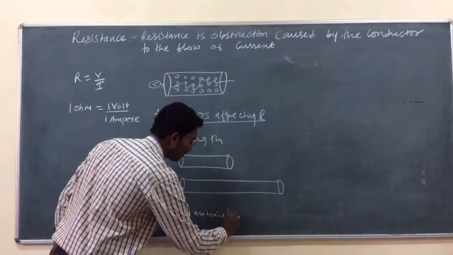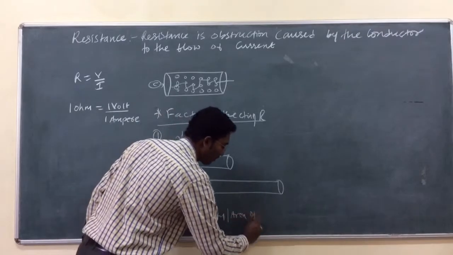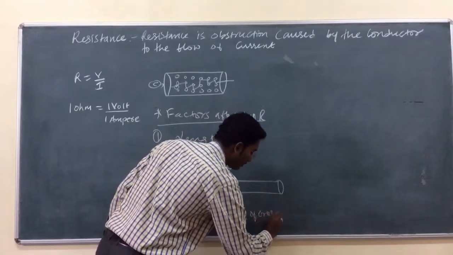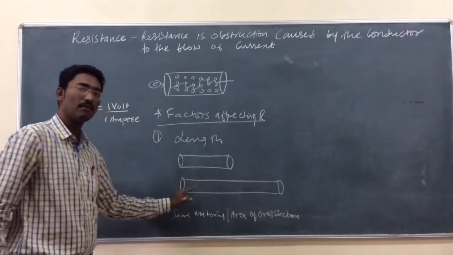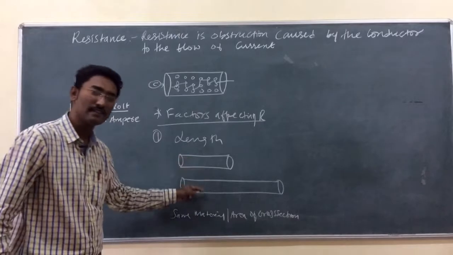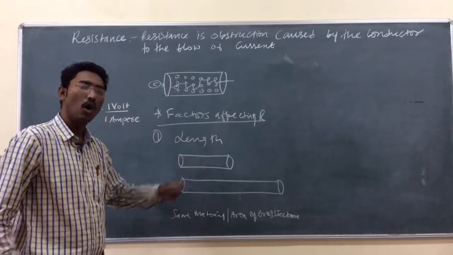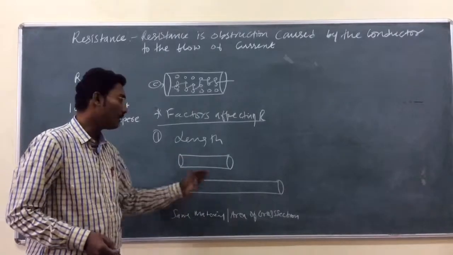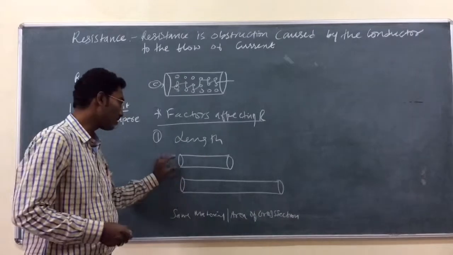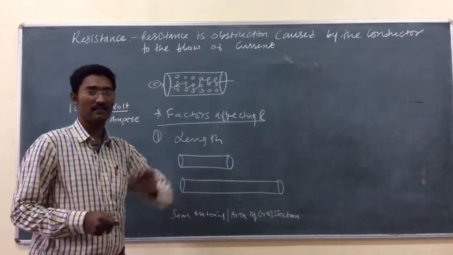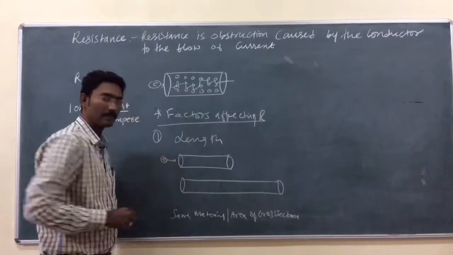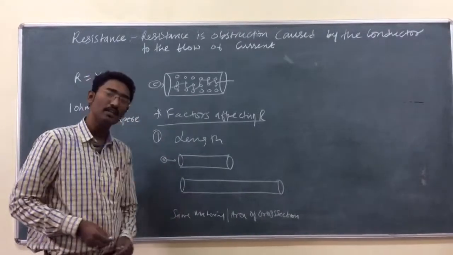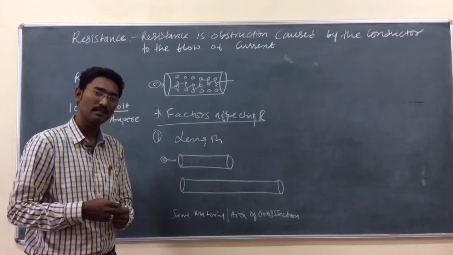They are made up of the same material, for example, silver, aluminium, or copper. The area of cross section is the same, but the length is different. Now suppose an electron has to enter this conductor, in which conductor will it experience more opposition?